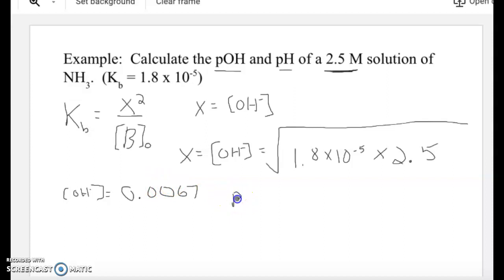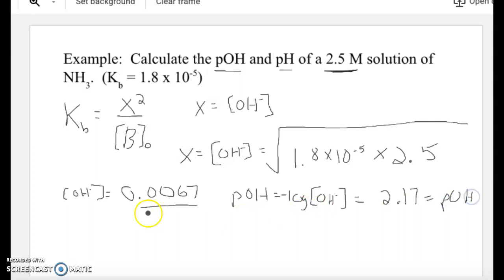The pOH is going to be the negative log of our hydroxide concentration. So it's going to be the negative log of this value right here. That ends up being 2.17, and that's equal to our pOH. Again, 2 sig figs here, so we want 2 decimal places in the pOH. So there's our first answer.